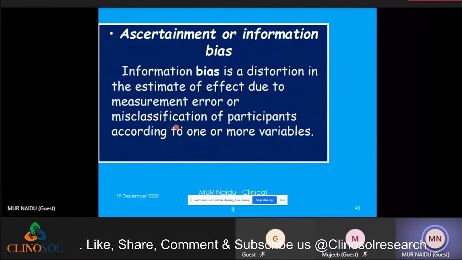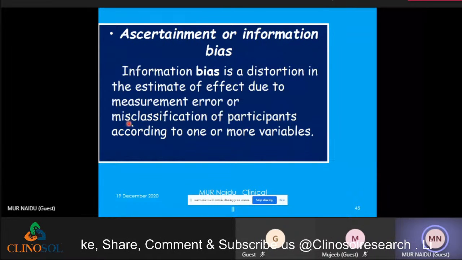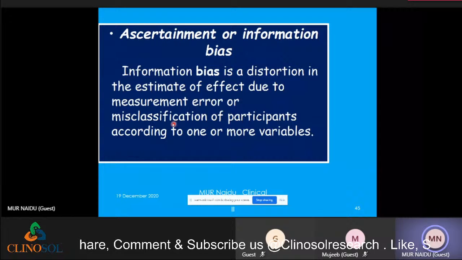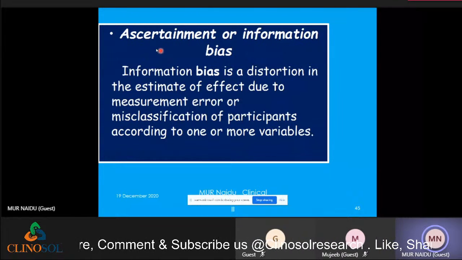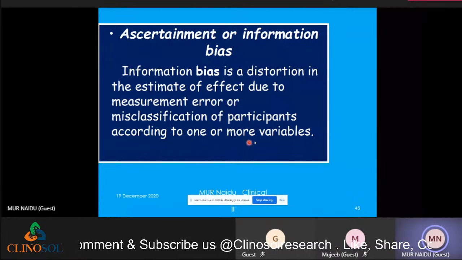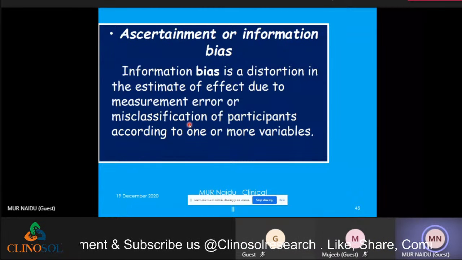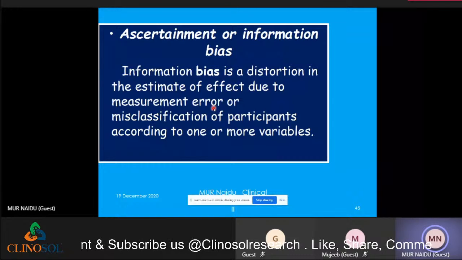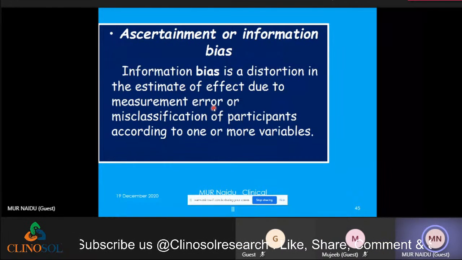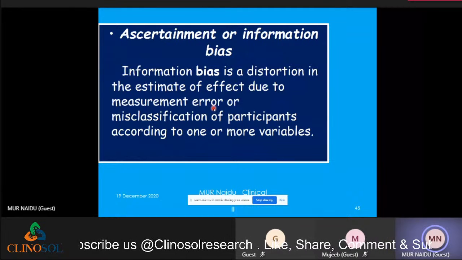I have taken patients who are doubtful, or patients of stage 4. So because of misclassification, I have taken the wrong patients. So a certain information bias during the investigation also I have done, and this led to error in my study. So this is information bias during clinical research.